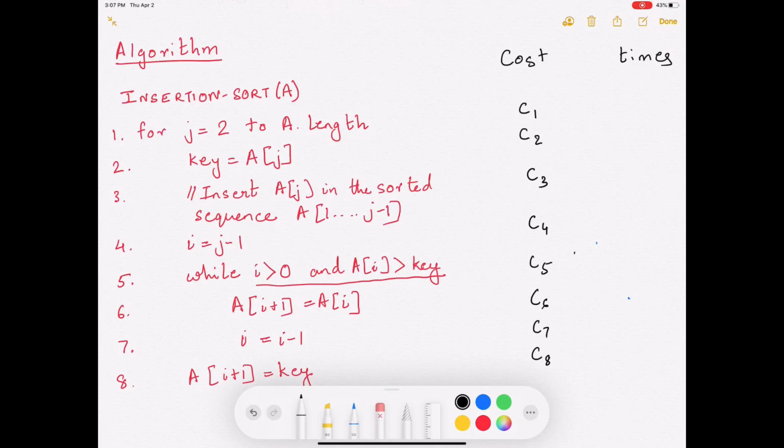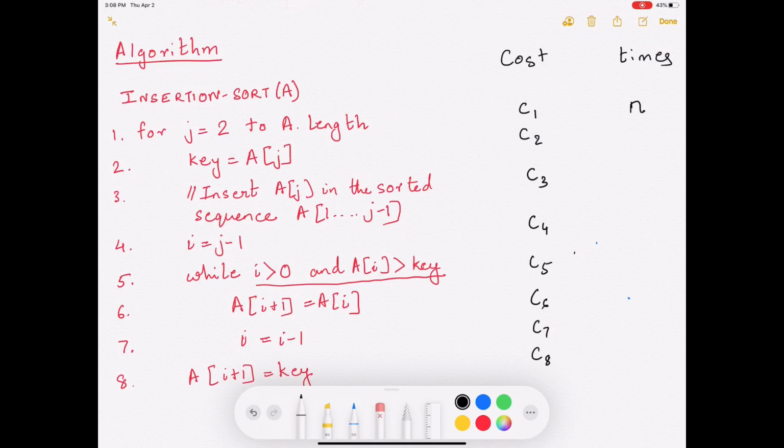Now, how many times does the first for loop execute? The first for loop, line 1, executes n times. This is because you have to go from j to a dot length, which is n minus 1 elements you'll look at, and then you have to come back and check the for loop again. So that's the nth time, just to make sure that you don't have to enter the for loop again. So that's n times.